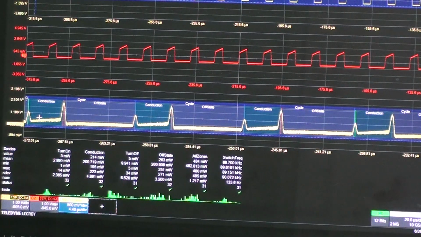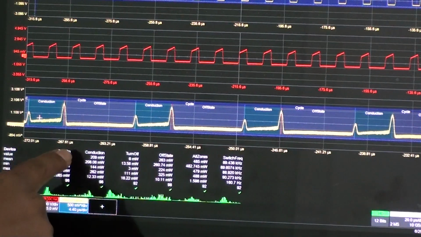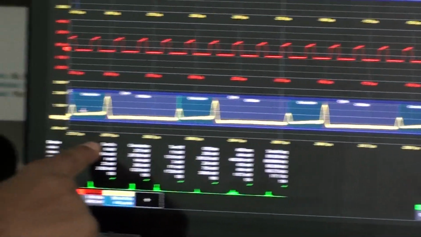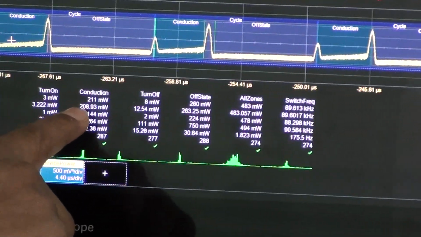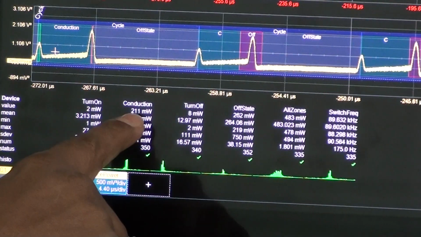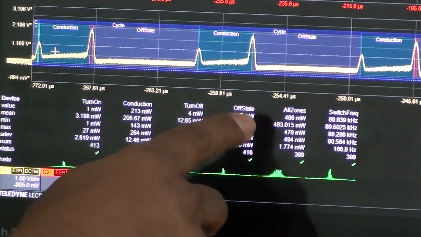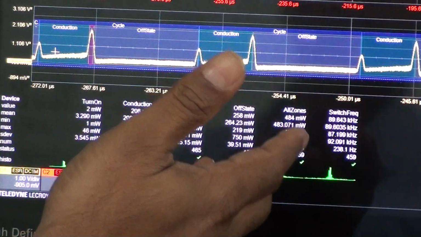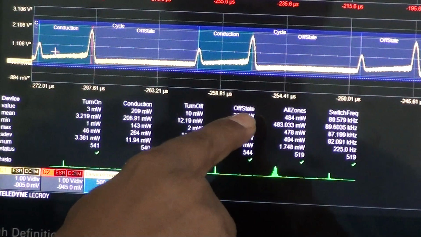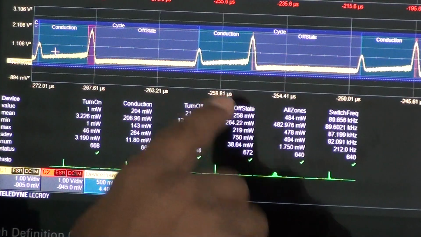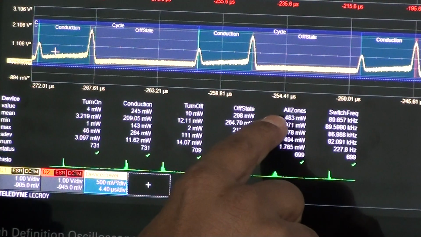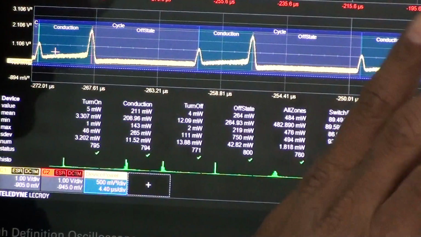When we look at the cycle per cycle reflection, there's a turn on loss of 2 milliwatt, a conduction loss of approximately 200 milliwatt, a turn off loss of about 7 to 8 to 10 milliwatt, and then the off state is about 263 milliwatt. So all zones have a loss of 483 milliwatts.